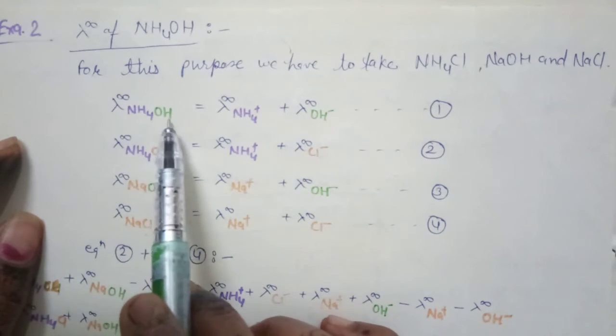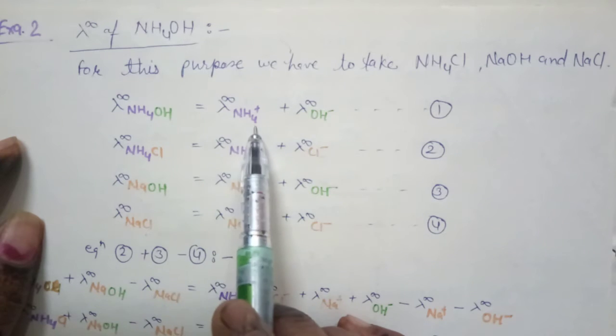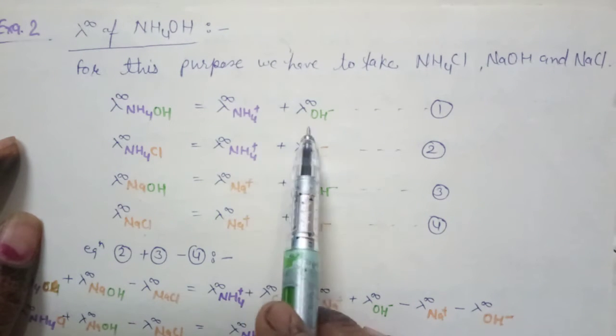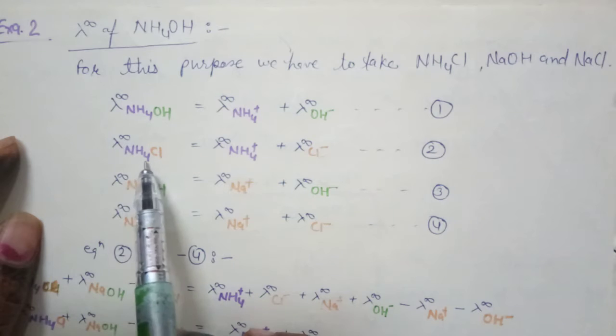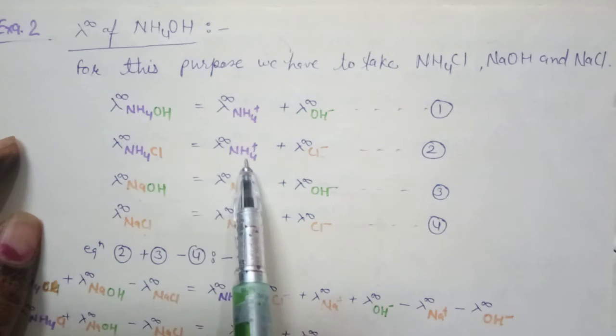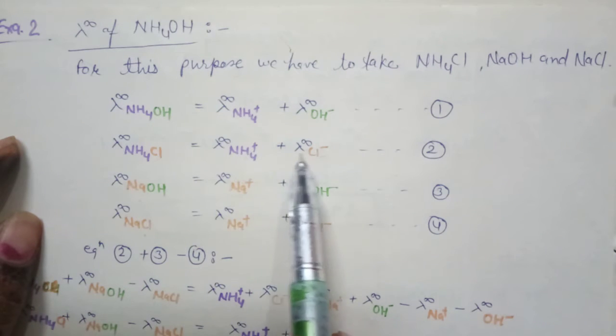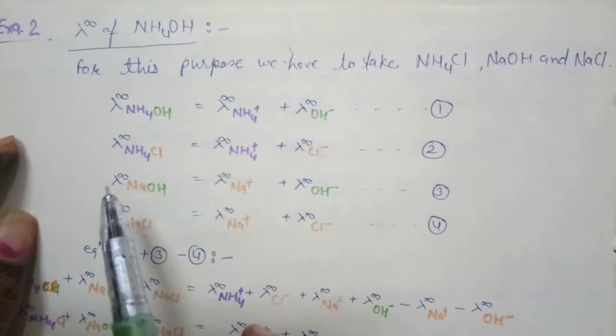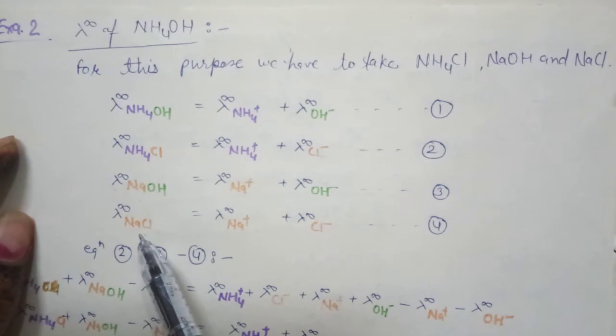Lambda infinity NH4OH is equal to lambda infinity NH4 plus plus lambda infinity OH minus. Lambda infinity NH4Cl is equal to lambda infinity NH4 plus plus lambda infinity Cl minus. Similarly for NaOH and NaCl.